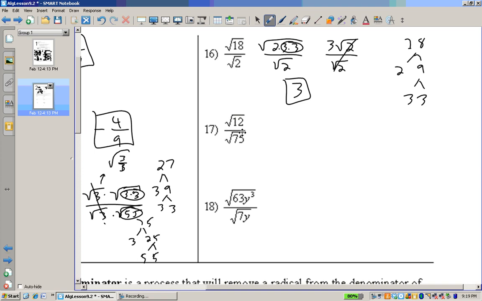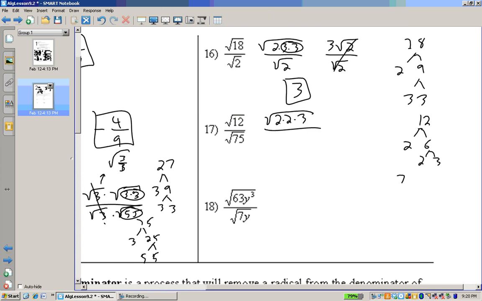Now, number 17, the square root of 12, we can break that apart into 2 and 6, 2 and 3. So the square root of 2 times 2 times 3. Nope, I actually see 75 down here. 3 times 5 times 5.